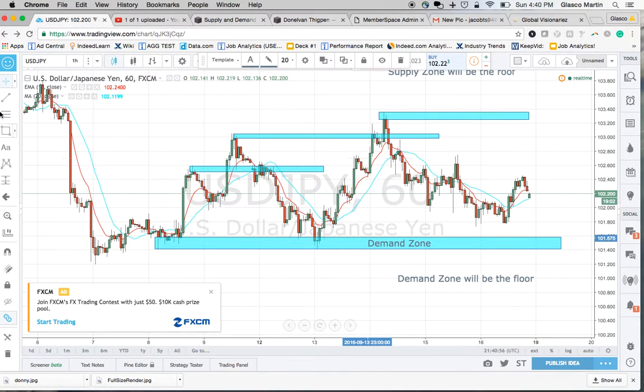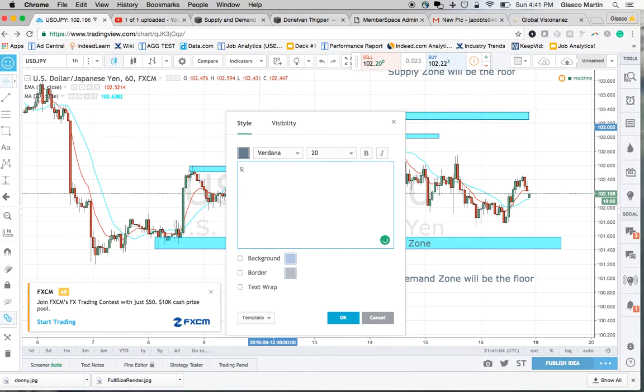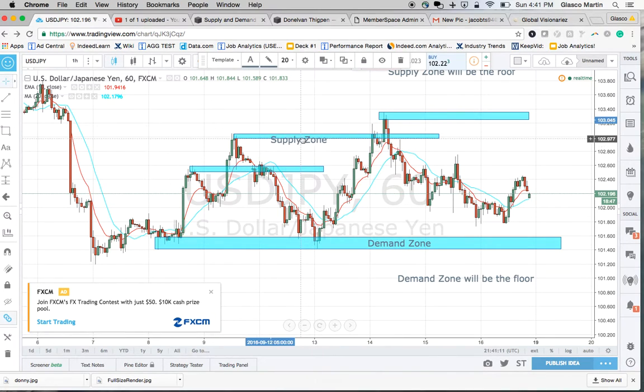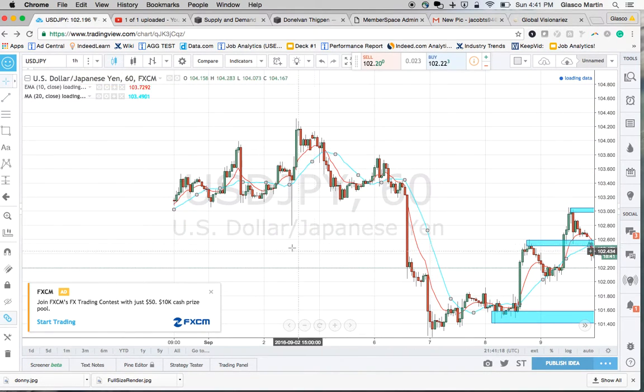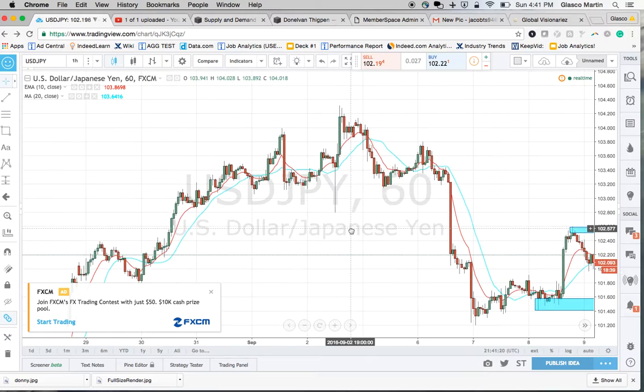This is a demand zone. And then this would be a supply zone right here, and so would this as well. And I'll go back here and draw some more so y'all can see more examples.